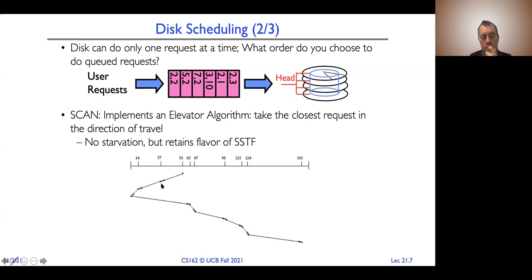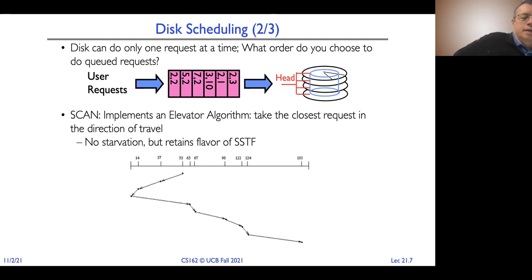And for instance, if when you serve request 53, you get request 65, which is closest to you, according to shortest seek time first you would serve this request. But because the request on track 65 is not in the direction of your movement, you are going to ignore it. Right? So you go until the last request in your direction, and then you reverse.